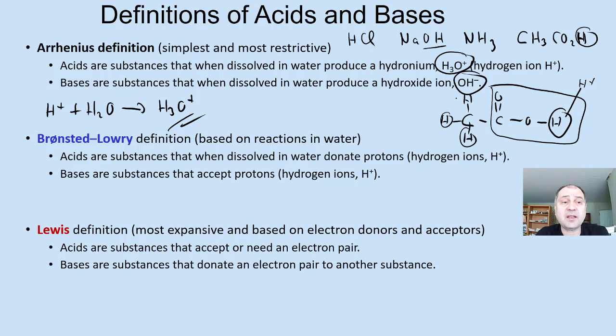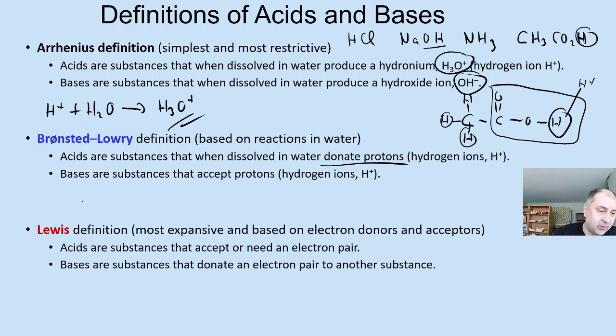Now in your case, as you study for general chemistry too, it'll always be pretty straightforward. But anyway, a broader definition is the Bronsted-Lowry, and we'll mainly go with it. That's the main definition I would recommend you're familiar with. It basically says acids are substances that when dissolved in water donate protons, and bases are substances that accept protons.